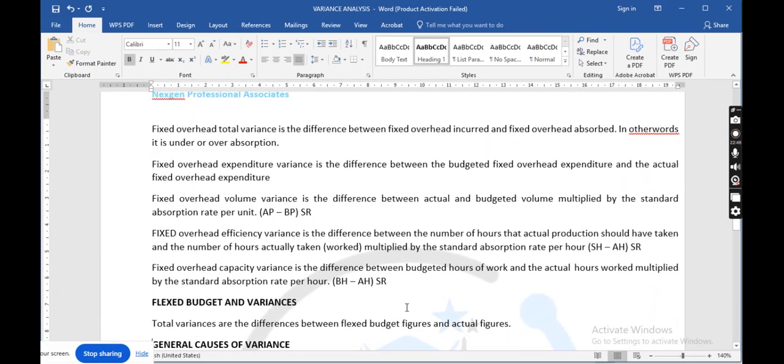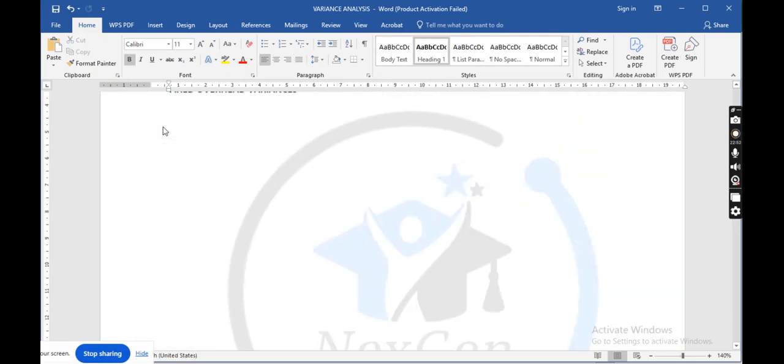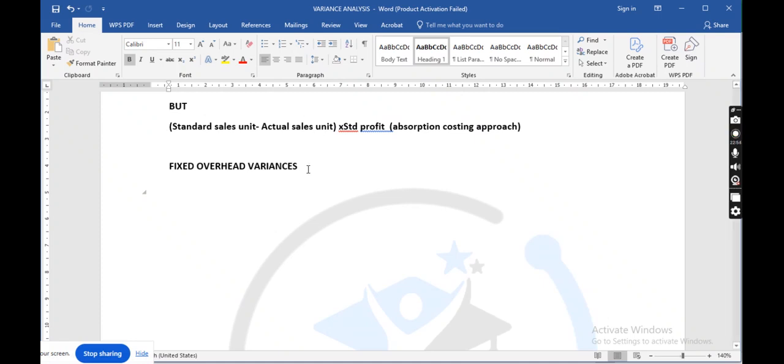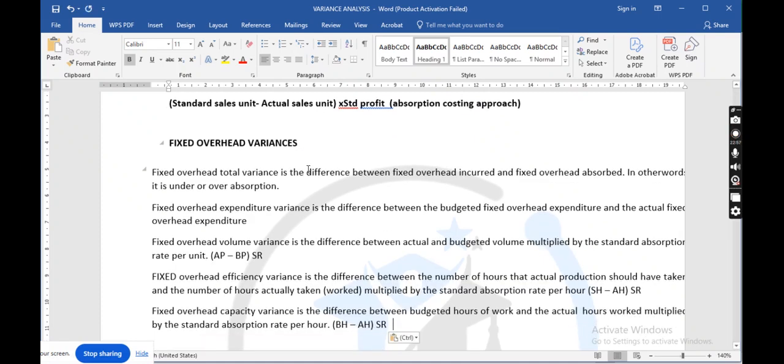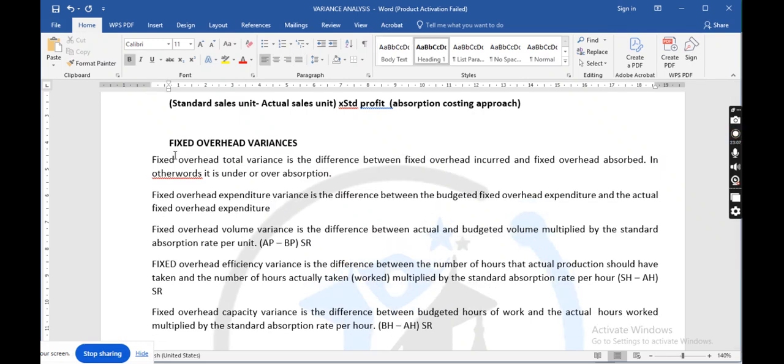Now, we move to one of the problematic parts of variance, which is the fixed part. If you know it, you know it. If you don't know it, you don't know it. That is just about fixed overhead variance, right? Under the fixed overhead variance, what is fixed overhead variance?